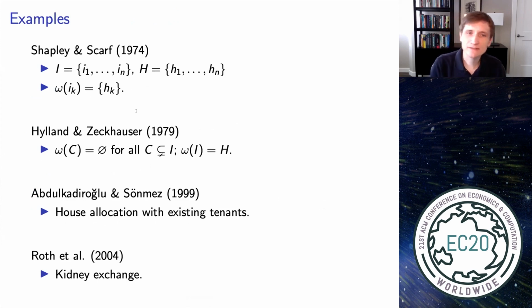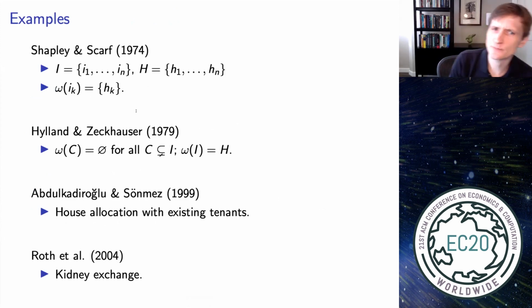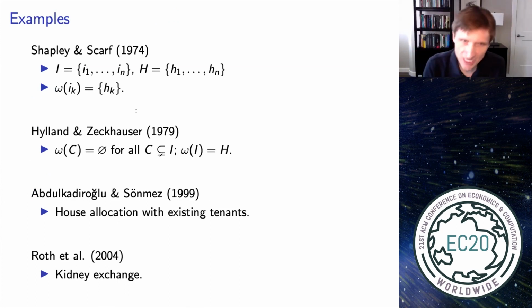Lots of classic cases satisfy these assumptions. The Shapley and Scarf model, of course, does. In that case, each agent owns a single house. The Hylland and Zeckhauser model also satisfies this set of assumptions. Here, everything is public property, so the grand coalition owns everything, but no sub-coalition actually has anything.